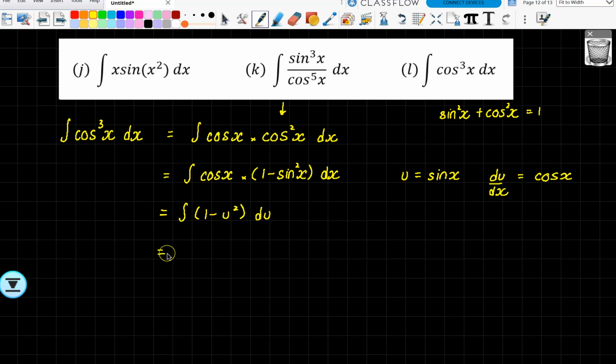And I can just integrate one term at a time. So the integral of 1 minus u squared with respect to u would be u minus u cubed over 3 plus c, and now we replace our u. So it's sine x minus sine cubed x over 3 plus c.